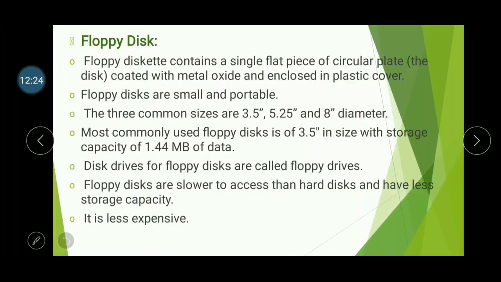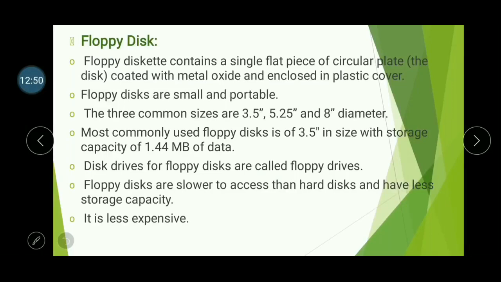What is a floppy disk? A floppy disk contains a single flat piece of circular plate coated with metal oxide and enclosed in a plastic cover. Floppy disks are small and portable. The three common sizes are 3.5 inch, 5.25 inch and 8 inch diameter.